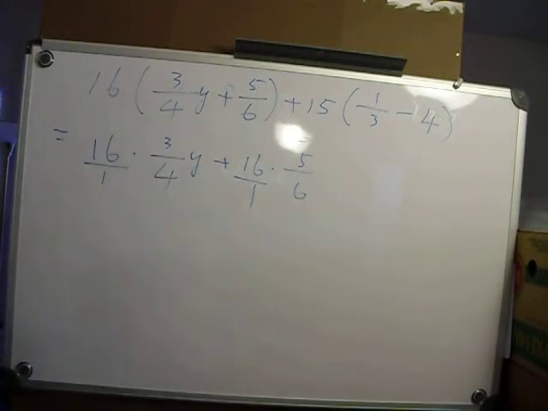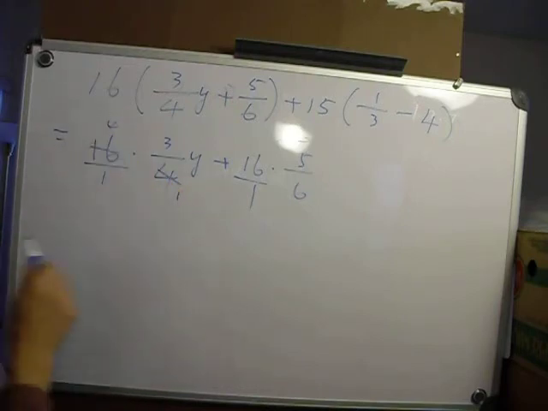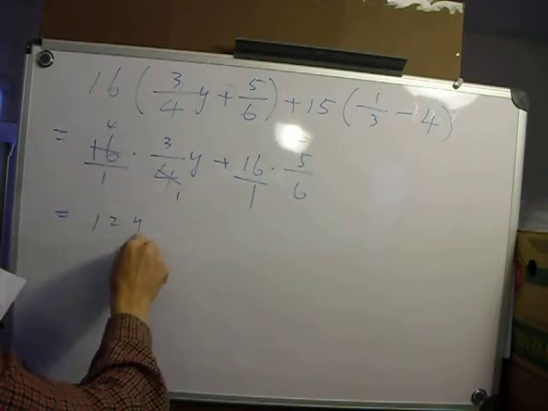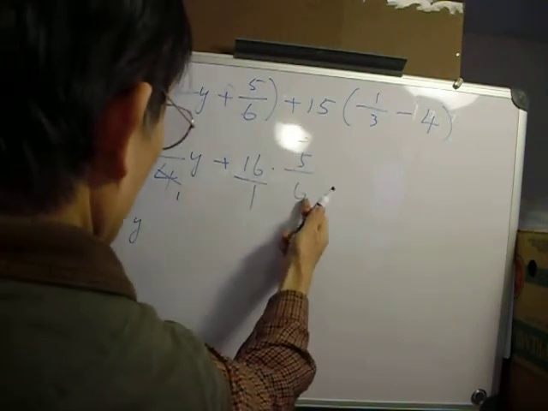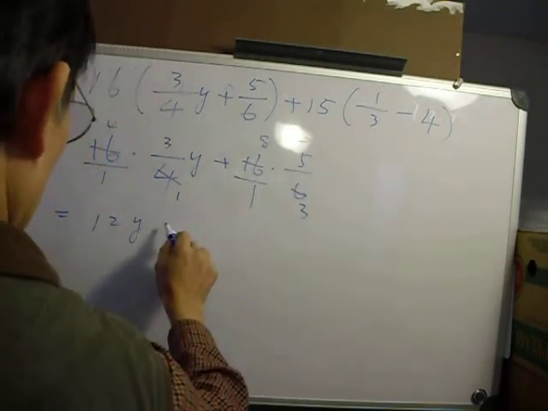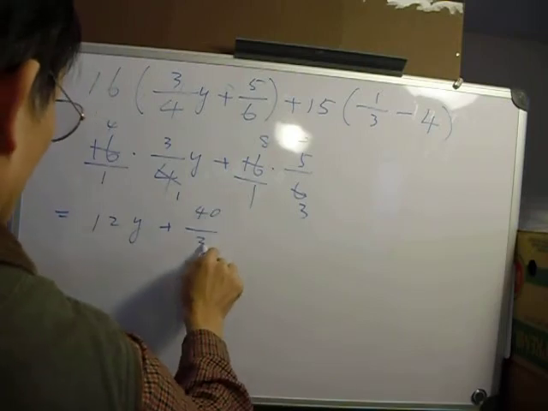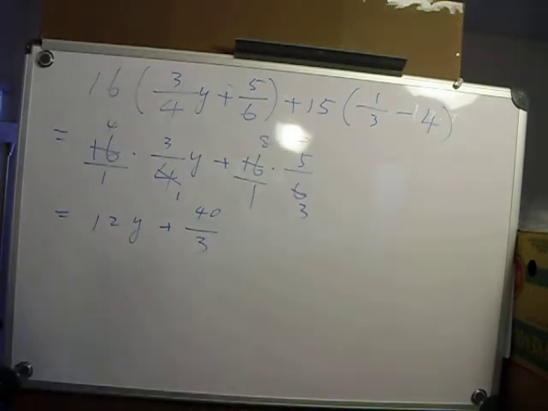Now you see the 4 and 16, that's 1 and 4 here, nothing else. So that's 4 times 3, 12. Second one, you see 16 and 6. Reduce that by 2, you get 8. That will be plus 40 over 3. That's the first part. It's done. Here you cannot go any further.